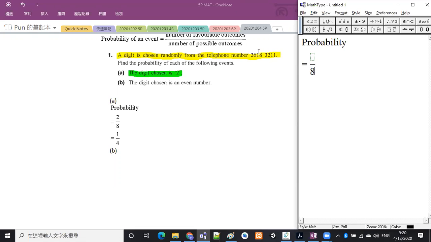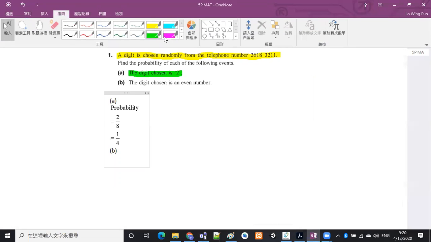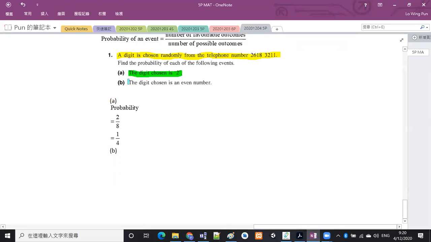Okay, so there are 8 possible outcomes. And then for part B, what is the numerator? So we need to look at the question of part B. The digit chosen is an even number. Okay, so how many of them are even numbers? 2 is an even number, and then 6, and then 8, and then 2.